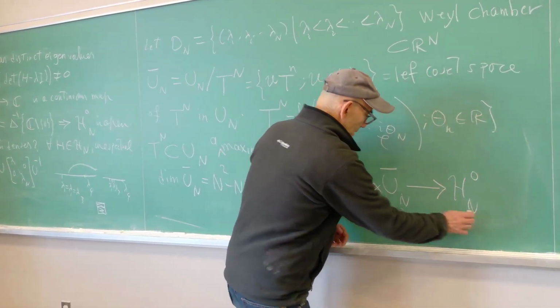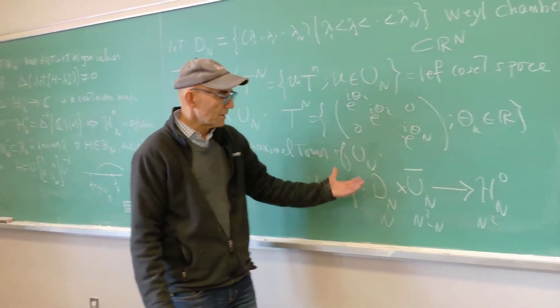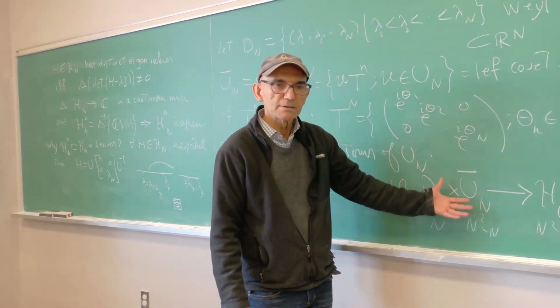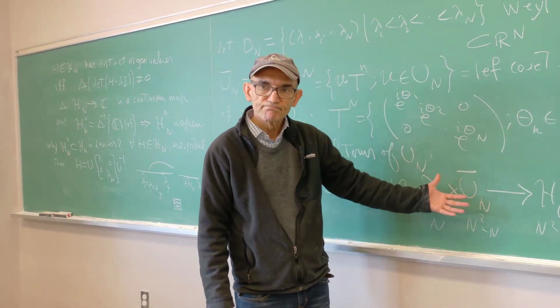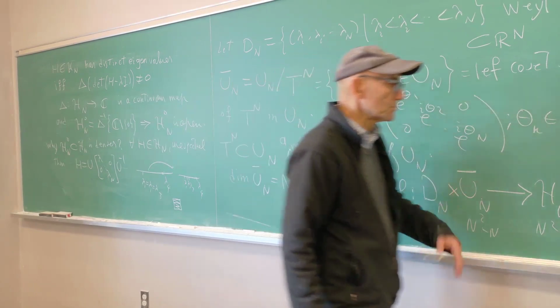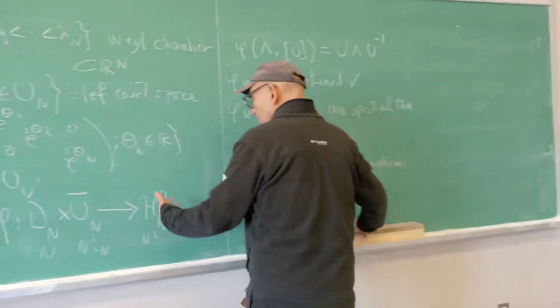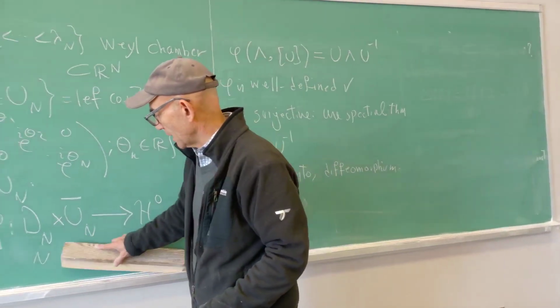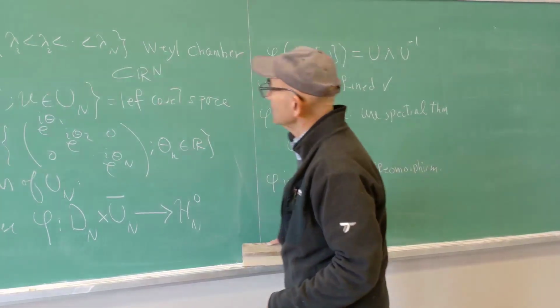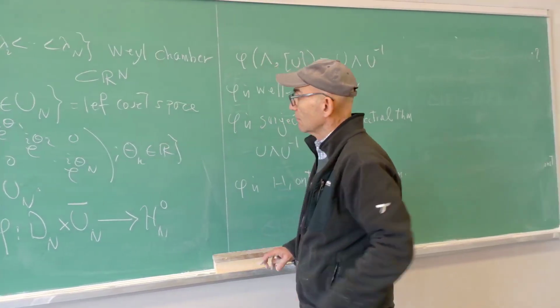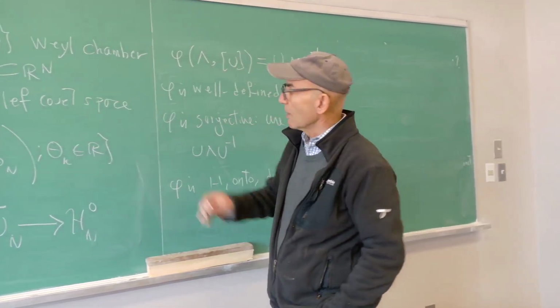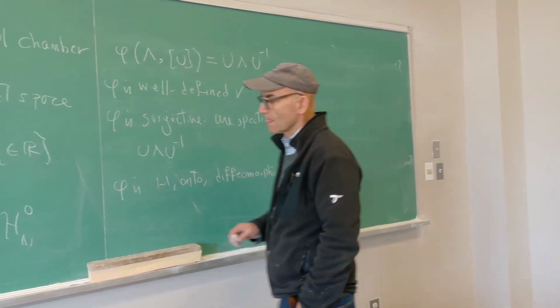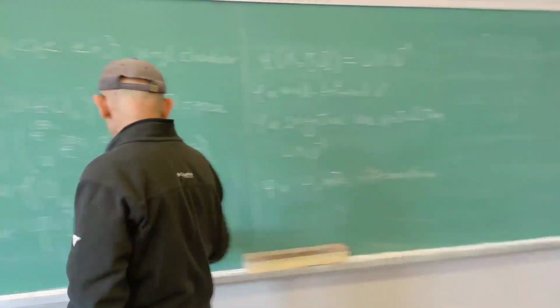It's an open set, right? So the dimensions match. I will give a little more argument why this is actually a diffeomorphism, namely one-to-one and onto. But let me now give you the strategy of deriving the Weyl integration formula. So we are looking at this map, right?